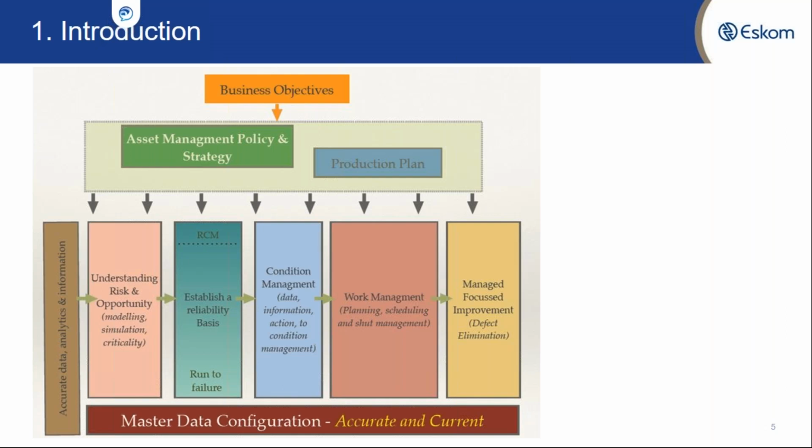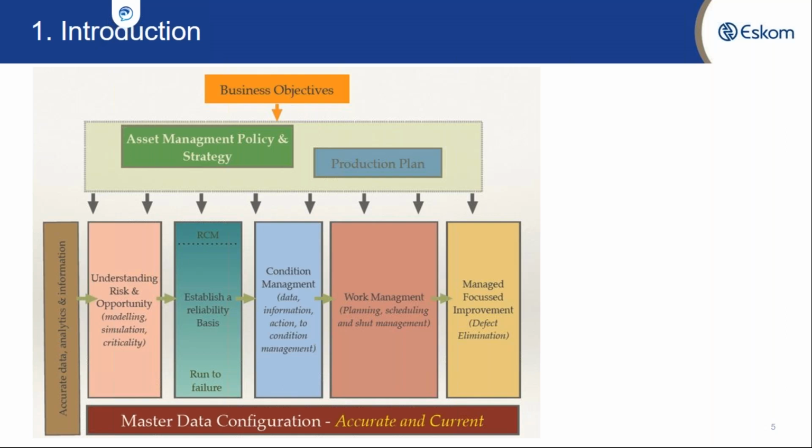And there is a range in terms of what approaches can come out of there, starting from run to failure up until RCM, and even going beyond RCM, because there are other approaches like predictive maintenance that can come in as a result of establishing the reliability basis.